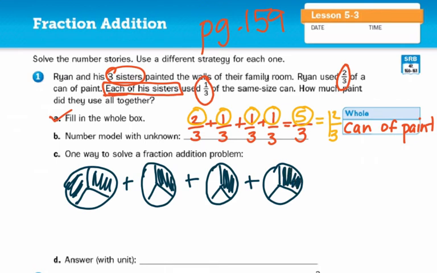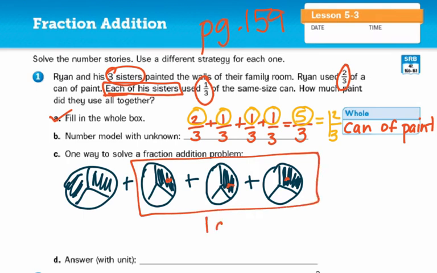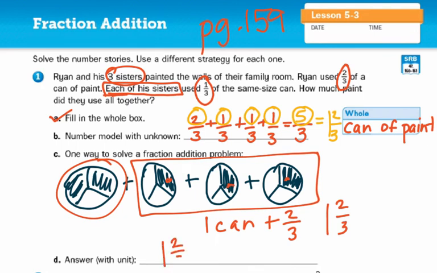And all together, watch what happens. This third plus this third plus this third all together equals 1 whole. This would be 1 can plus the brother's 2/3. And there's where we get 1 2/3. 1 2/3 cans. Again, you may need to pause that video.